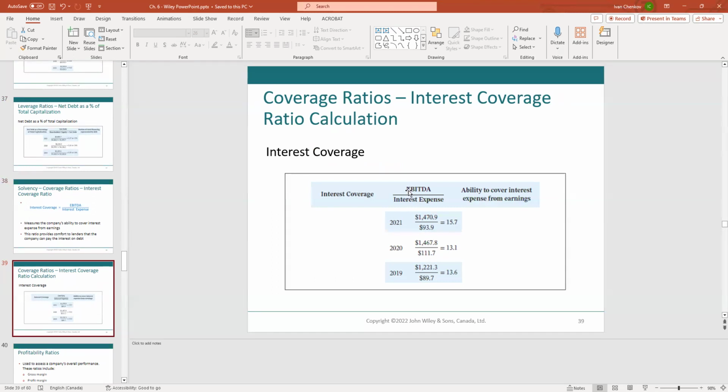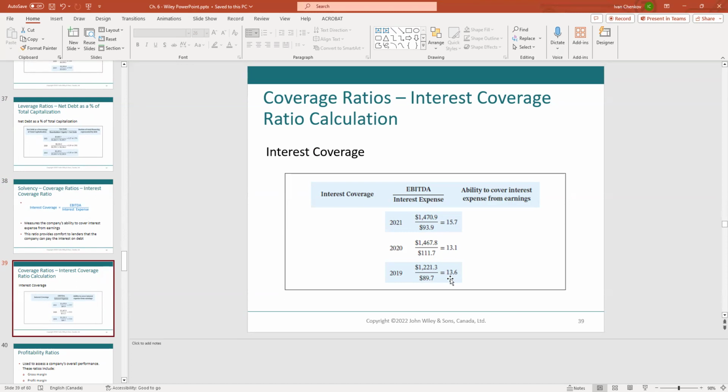The earnings before interest, taxes, depreciation, and amortization is 1,221. The interest expense only is $8,900, or $89 in this case. Is it in 1,000 and 100? It doesn't matter.